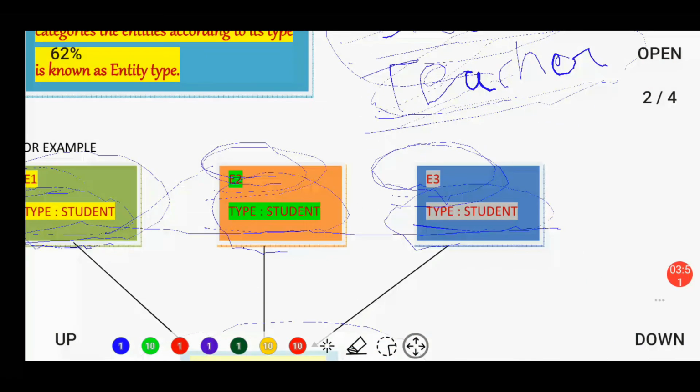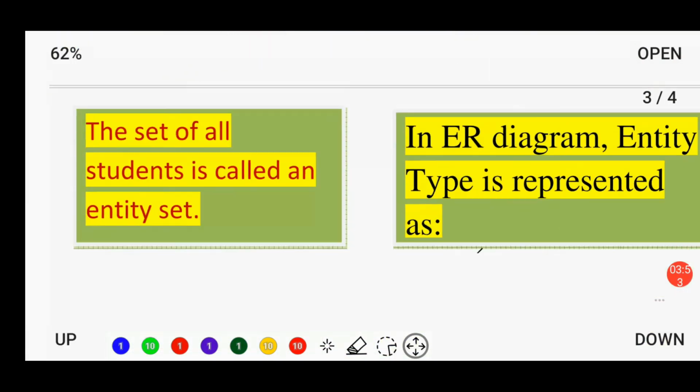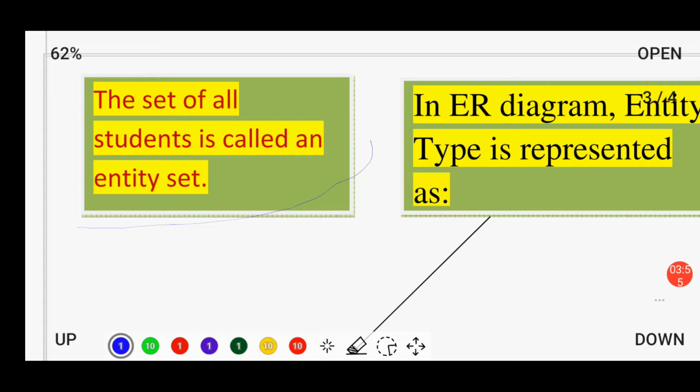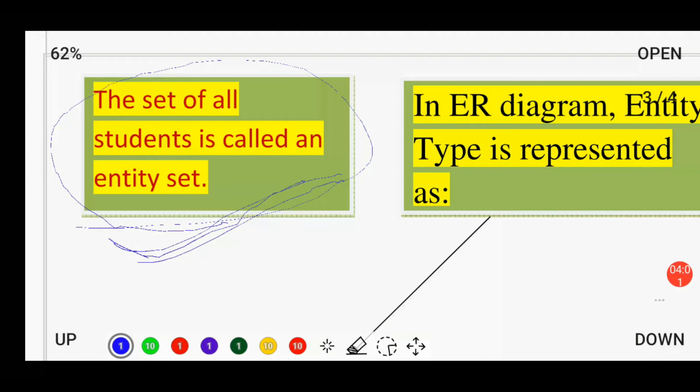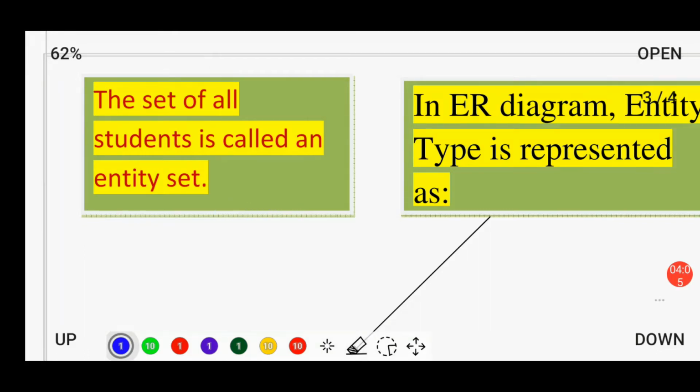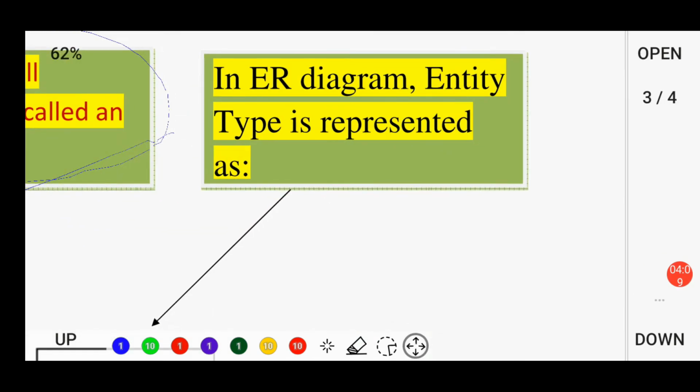When they are grouped together, the set of all these students is called an entity set. The set of all the students is known as the entity set.